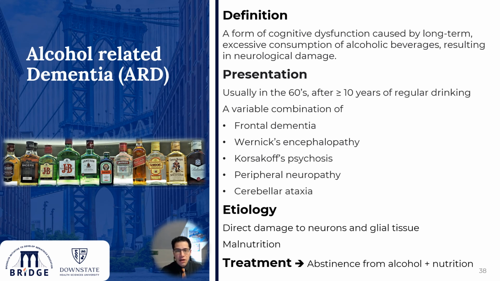It's a variable combination of frontal dementia, Wernicke's encephalopathy, Korsakoff psychosis with a lot of confabulations, peripheral neuropathy, and cerebellar ataxia. The etiology is simple. Alcohol causes direct damage to the neurons and glial tissue, and a lot of malnutrition is also involved. The treatment is also simple: abstinence from alcohol and improving the nutritional status.